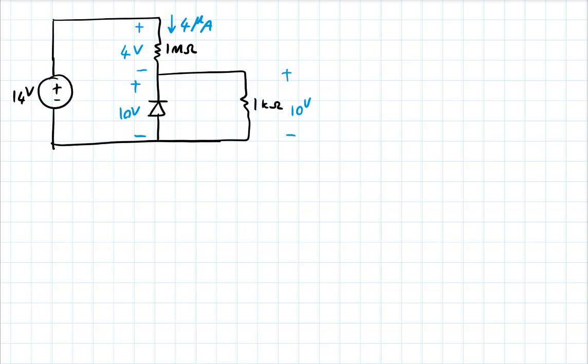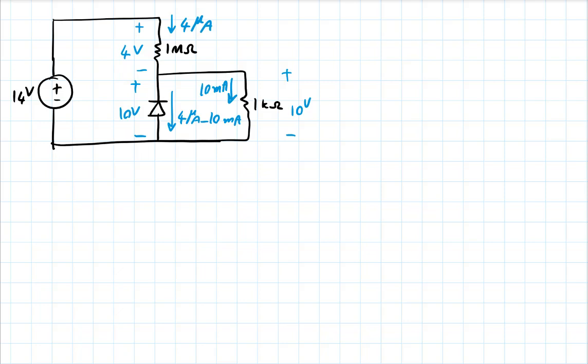And here I have 10 milliamps as before. What is this current? Four microamps minus 10 milliamps. That's a negative value. So that means the current is really the other way.